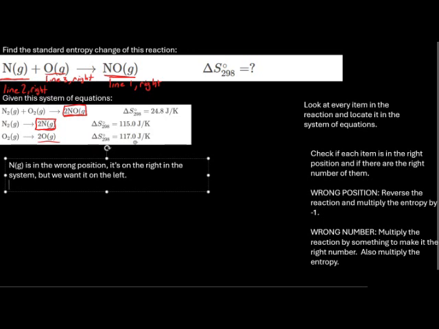Also notice that in the system, the nitrogen gas has a 2 in front of it, but in our target equation, we only want a 1. The way we change a 2 into a 1 is by multiplying the entire line by 1/2. Therefore, we will not only be reversing this equation, we'll be multiplying everything by 1/2 and multiplying the entropy by -1/2.